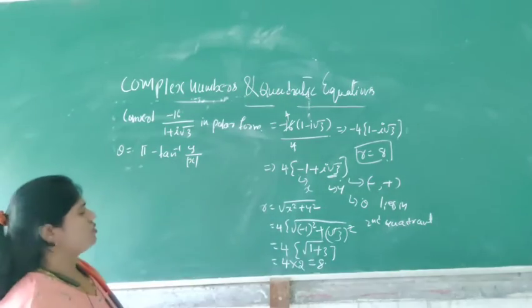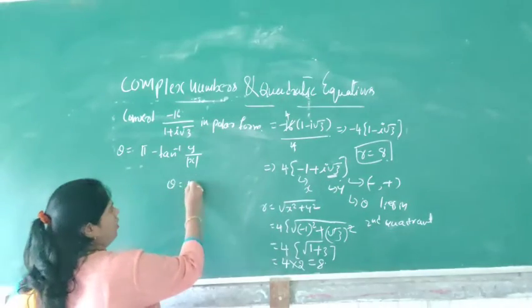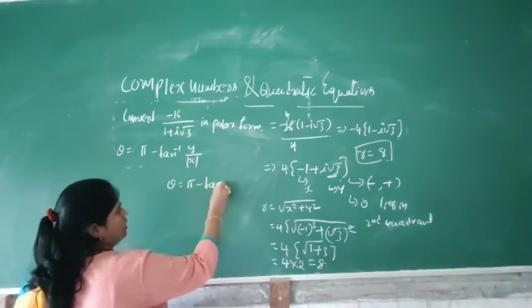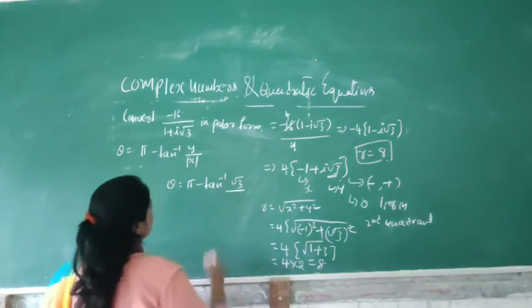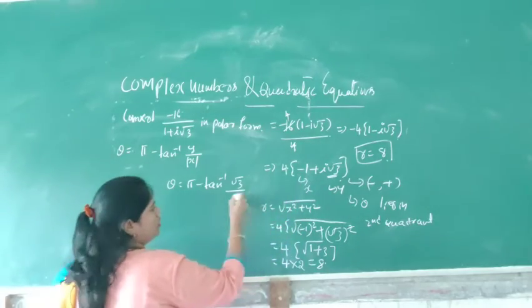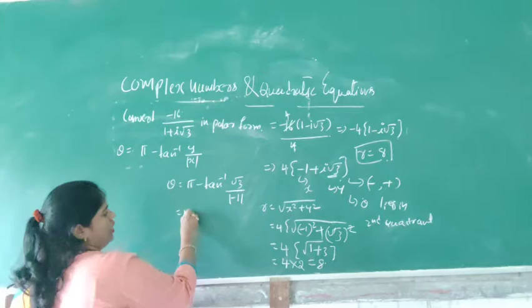This is the formula we have to apply. So theta is equal to pi minus tan inverse of y value root 3 divided by x value minus 1. Modulus we have to put.